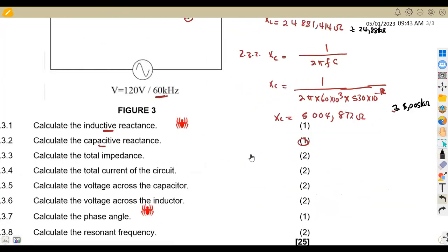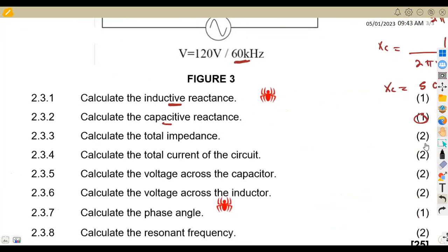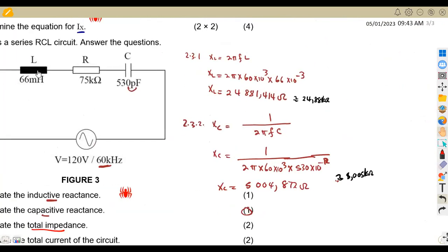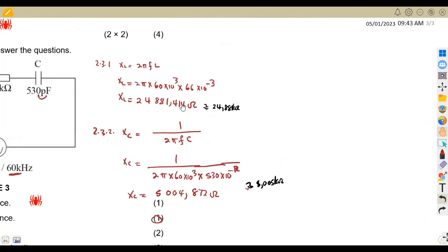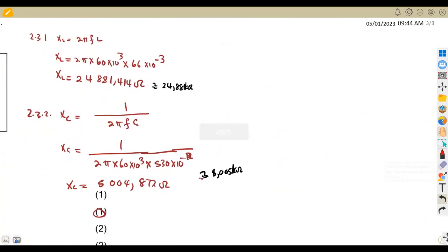Then we move on to the other part of the question, which is 2.33, to calculate the total impedance of the circuit. The total impedance of the circuit is taken from XC and XL in a series circuit like this. So you compare the two that you have determined here. We have got XC and XL.